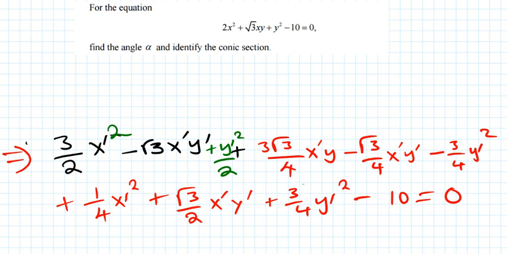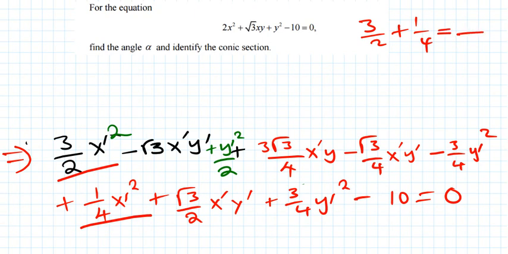First of all, if you try to observe the ones that are having x prime squared, whichever one is having x prime squared, it's this one. So you're now going to add 3 over 2 plus 1 over 4. Okay, so common denominator there of course is a 4. So 2 into a 4, 2, that's 6 plus 1.